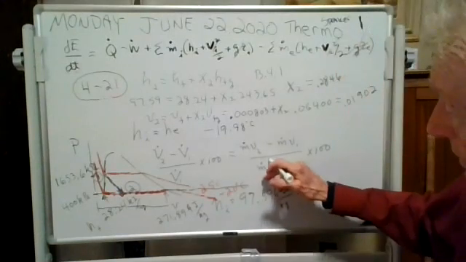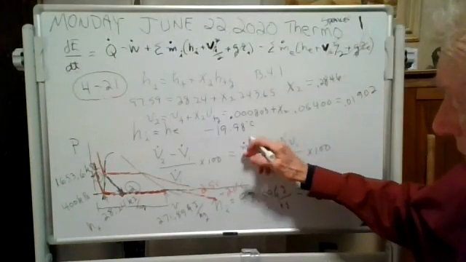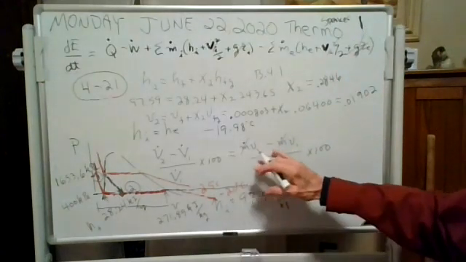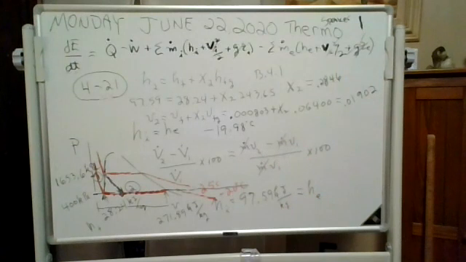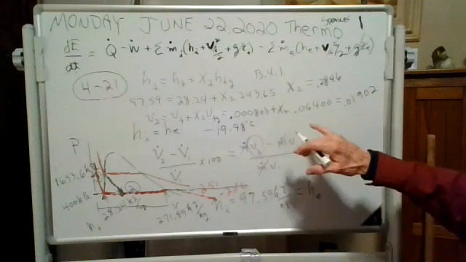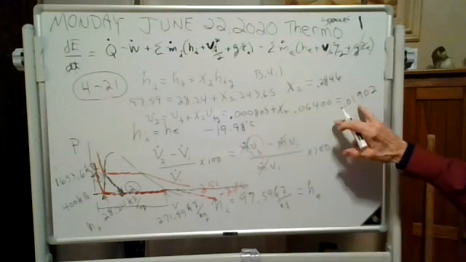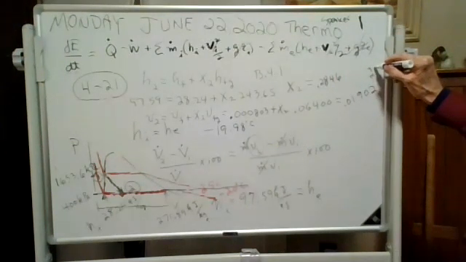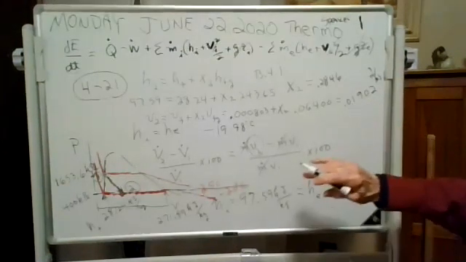Hey, look at here. We can do a little algebra trick here. All we got to do is subtract these. I think we know what they are. I know what little v2 is. It's sitting right here. There it is. I forgot the units, but they're cubic meters per kilogram. What about v1?